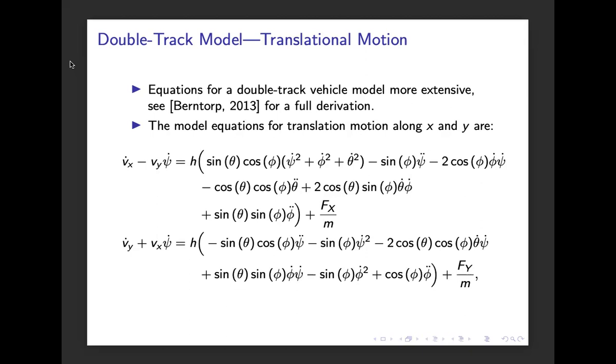We can see some common patterns with the single track model, but now we are considering the full 6D motion of the vehicle chassis. We have both roll and pitch motion, and we are also moving in the yaw direction. All of these variables related to the yaw, roll, and pitch will turn up in these expressions, because the forces will change direction when the whole vehicle chassis is changing.